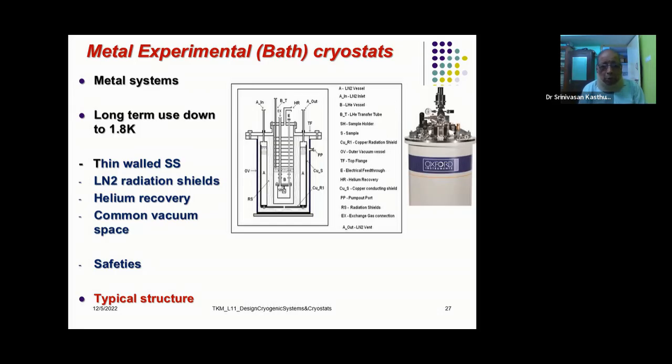You also introduce safeties on the inner vessel in case of any blocks, so the safety valves will open and make sure that the pressure is brought down.